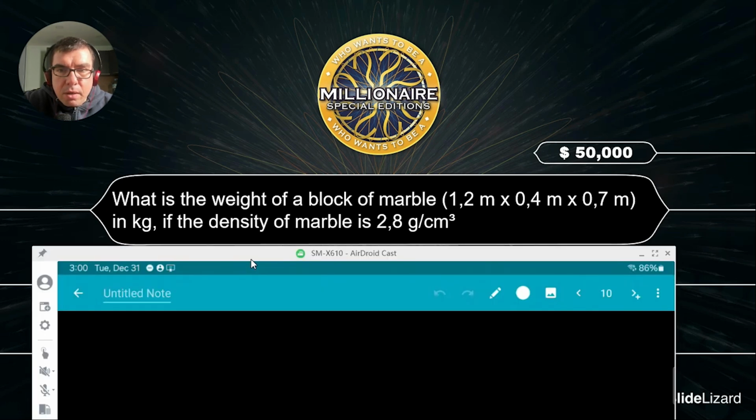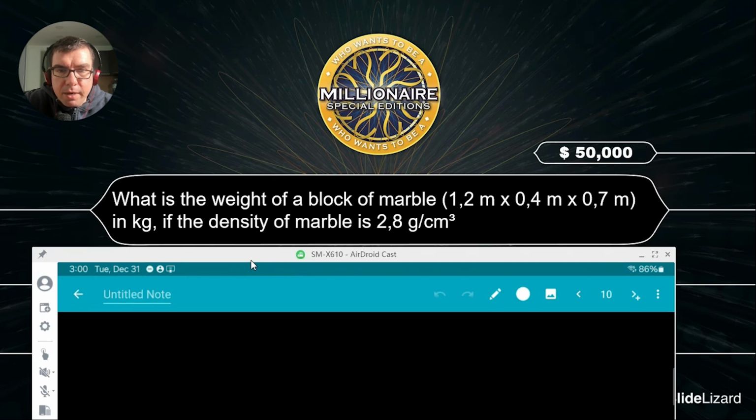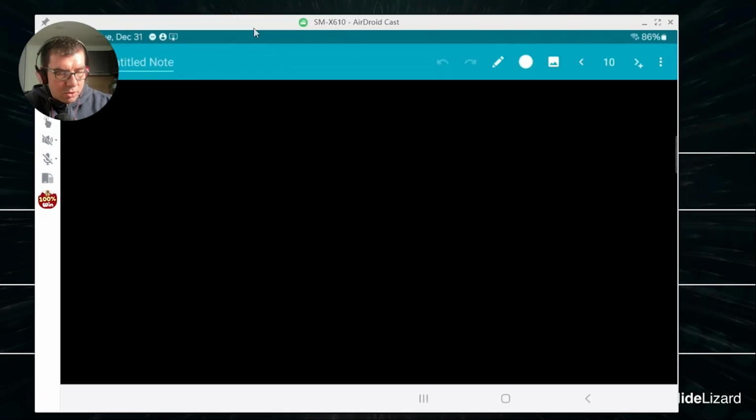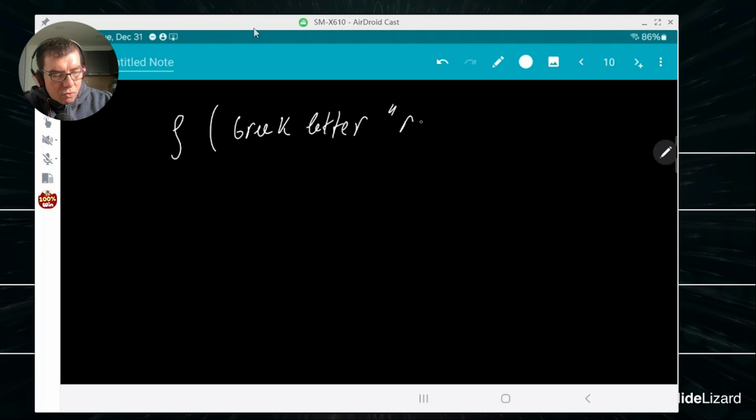Let's solve it. We have the 3 dimensions, which means we can find the volume, and then we have the density. For those of you who are new to this, the density usually is denoted with the Greek letter rho. This is the name of the letter.